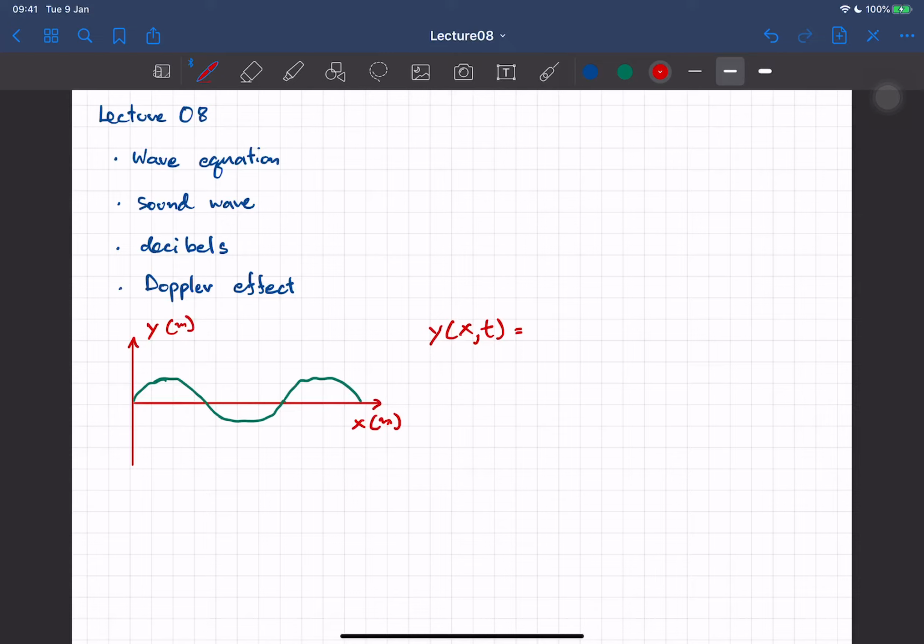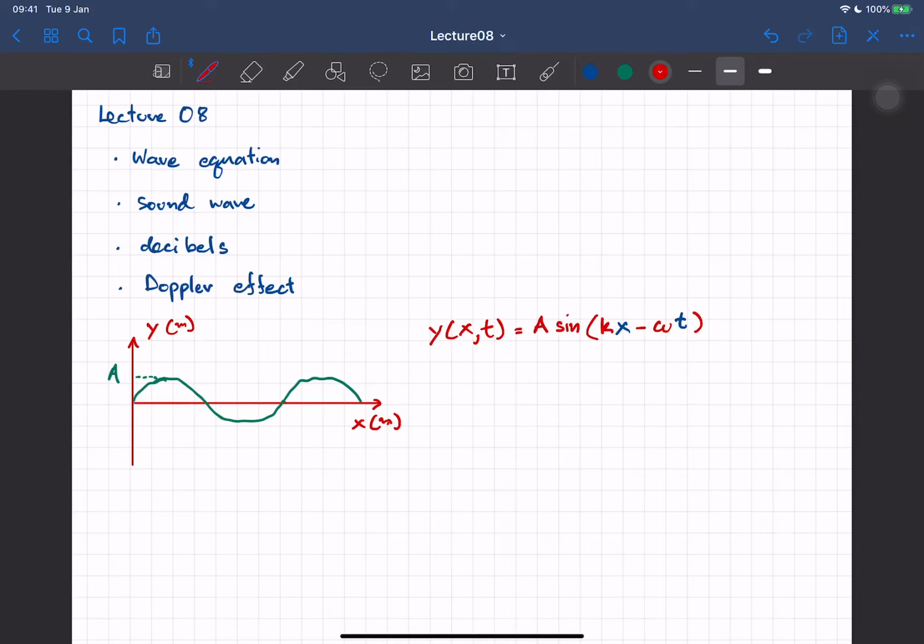But to simplify our mathematics, we're gonna assume that it's just described by A, which is the amplitude, right? So A is the amplitude. That's the maximum displacement any section on the string is gonna have. On the negative side, it's gonna be minus A. So A is the amplitude, and then sine of kx minus omega times time, like this.